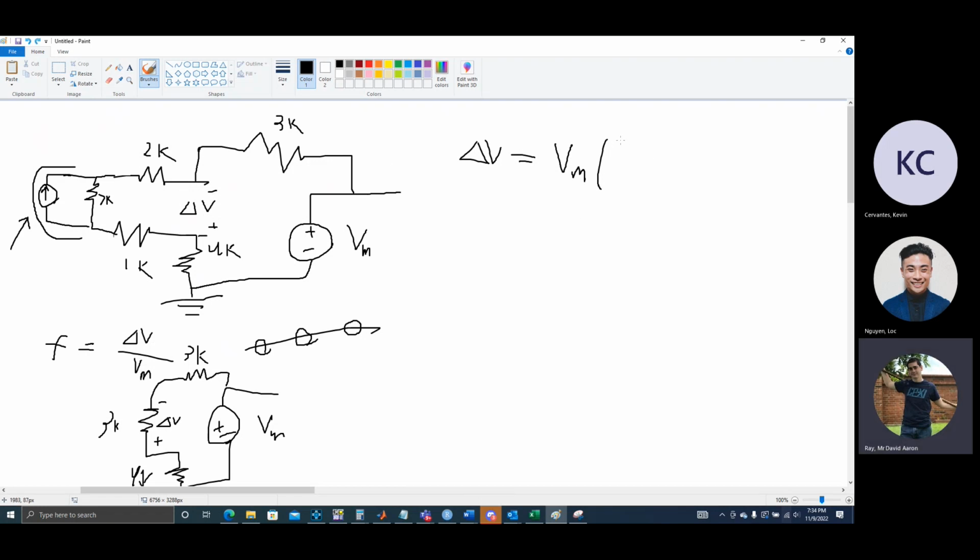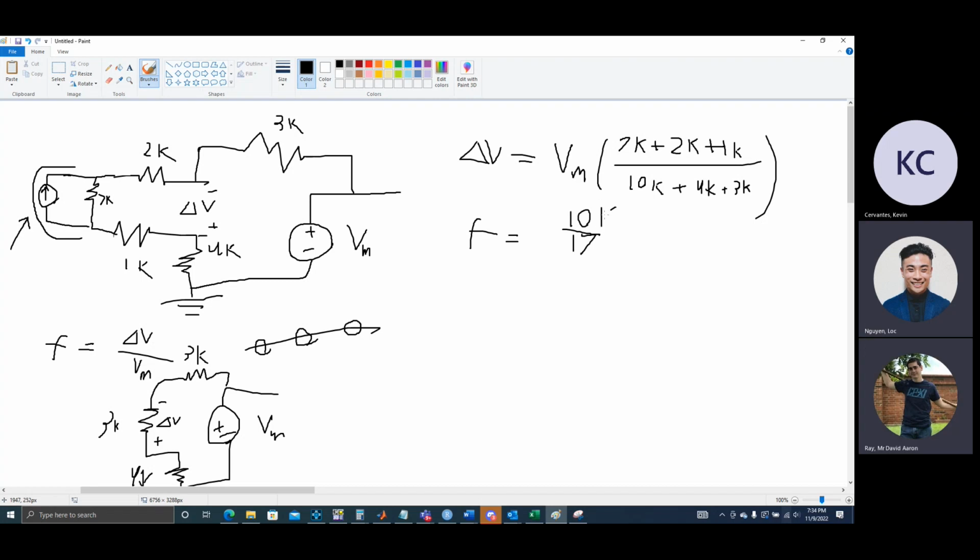That's going to be your 7K plus your 2K plus your 1K, divided by those 3 added together, which would be 10K plus 4K plus your 3K. Now you just divide both sides by VM, and F just ends up being 10 over 17K.